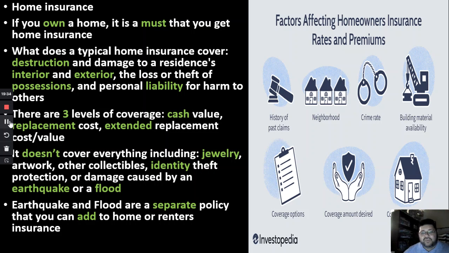And the reason why is because each one of those things has to be insured individually. So let's say you have a necklace worth $5 million. You would have to have insurance on that thing by itself. You could not just say, well, someone stole my $5 million necklace, home insurance, pay for that. No, you need to take care of that.